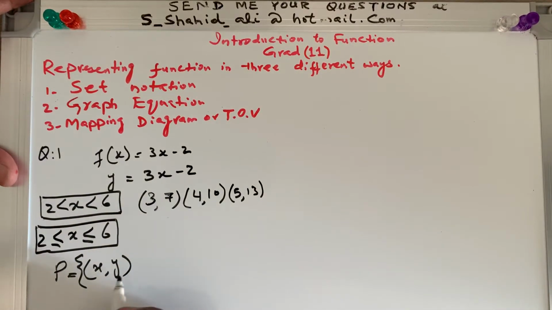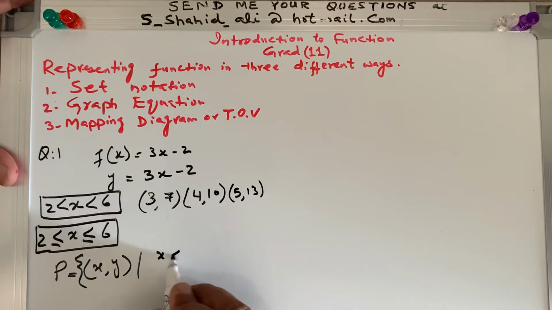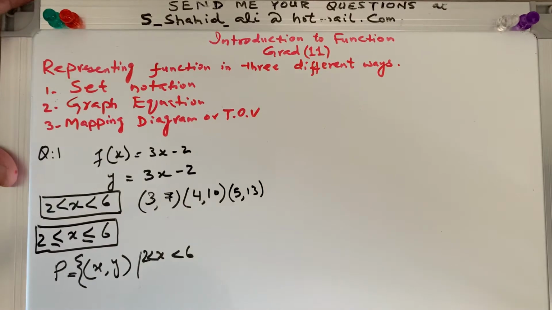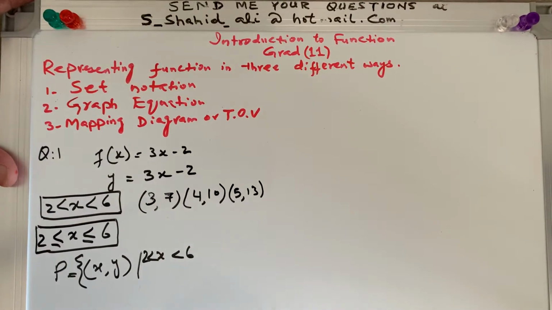All ordered pairs x, y, such that x is in between 2 and 6. This is my condition. That's a kind of range. If I want to write them separately, I can write the two notations like a domain and range. So I can write a domain and range separately, representing x condition, and then range representing y condition.